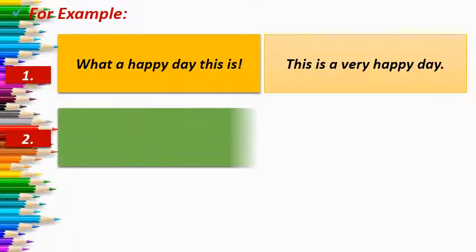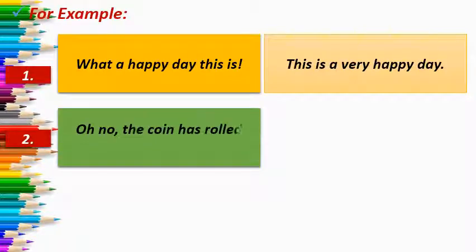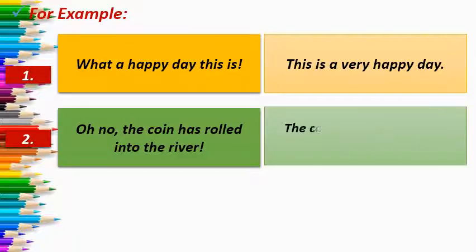Now let us see one more example. Oh no, the coin has rolled into the river. So here oh no word is showing us exclamation, strong feeling, sorrow. So when we will change it into assertive sentence, the sentence will be, the coin has rolled into the river.